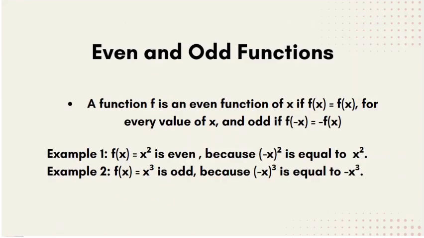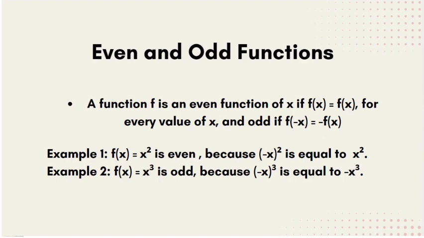So we have here the even and odd functions. A function f is an even function of x if f of negative x is equal to f of x, a positive sign. As you can see, it's the same as the original function, for every value of x. And it is odd if f of negative x is equal to negative f of x.